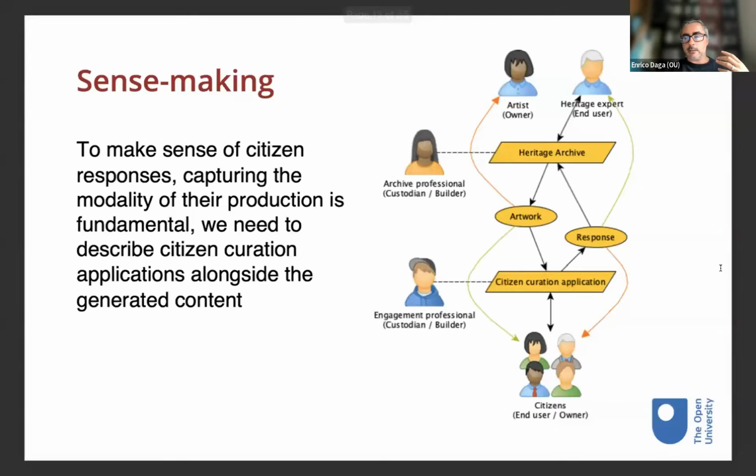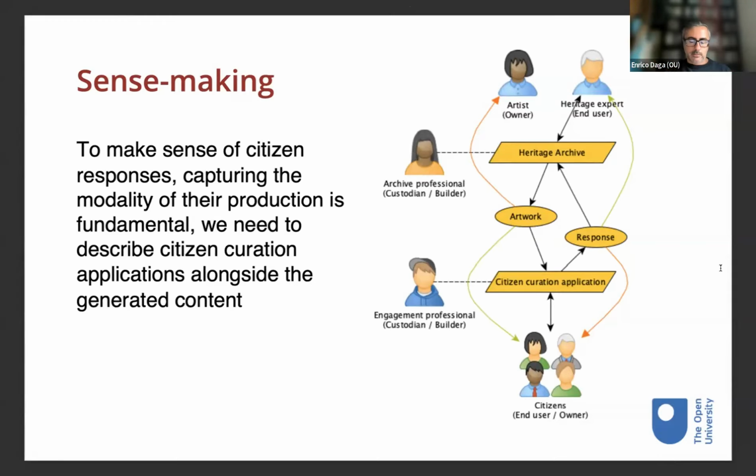So why are these data interesting and what are the challenges associated with them? The first one is sense making. Typically, user responses can be of great variety. It can be an emoticon associated with an artwork, a set of questions and answers, or an action performed by the user with a VR or AR tool, and all these bits and pieces alone don't mean much.